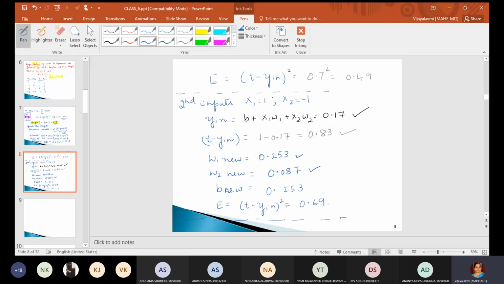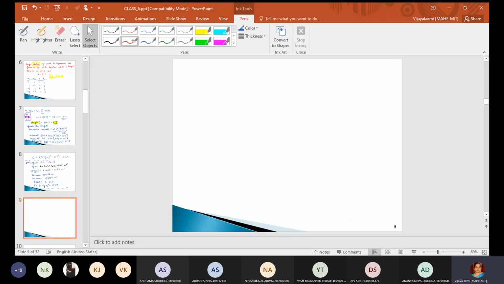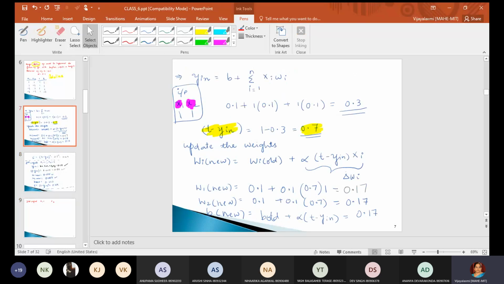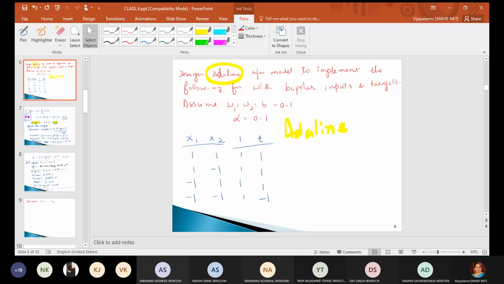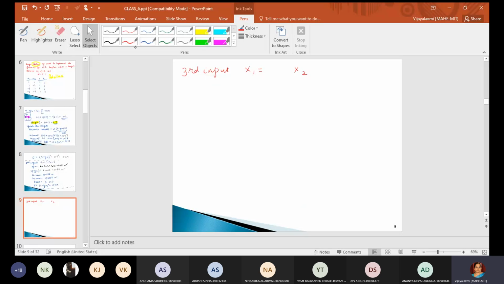Okay, so what we have done here is, now we are still in first iteration only. We considered the second input. Now let us go to the same first iteration only. Let us go to the third input. For the third input, x1 is minus 1 and x2 is 1, and target is 1.